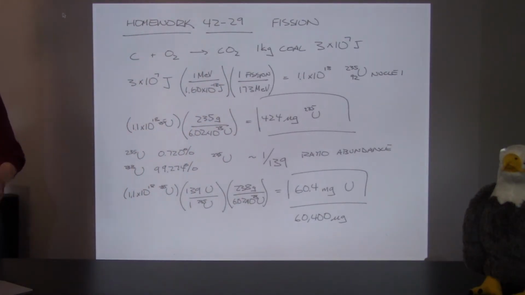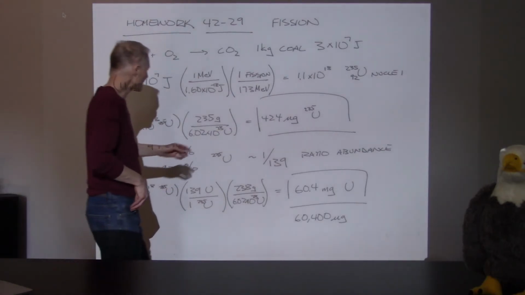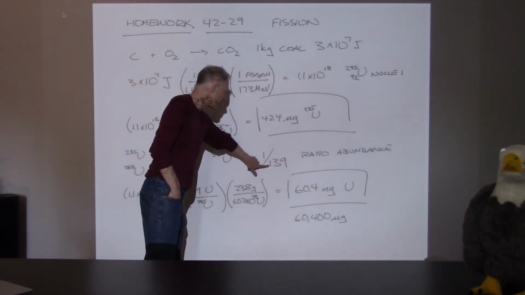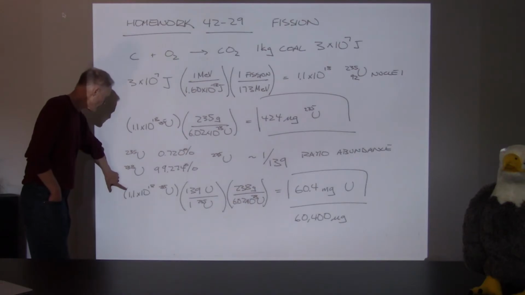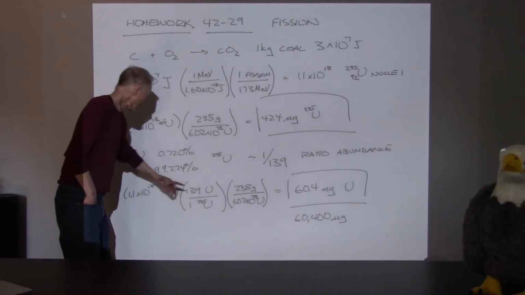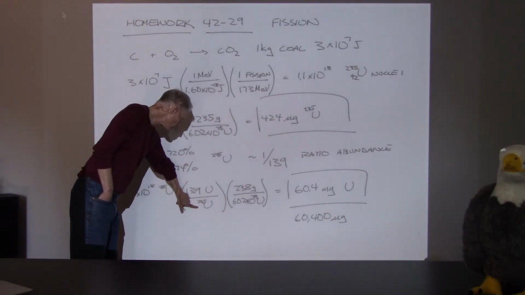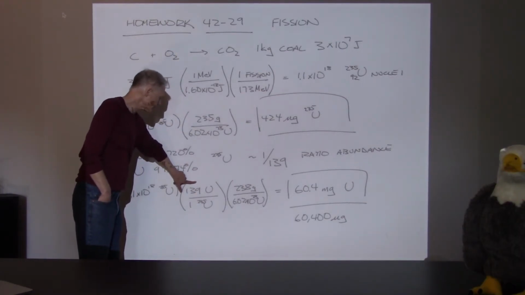So if what they're after is how much uranium I have to order to get enough uranium-235 to run this reaction, then that roughly boosts things by a factor of about 139.